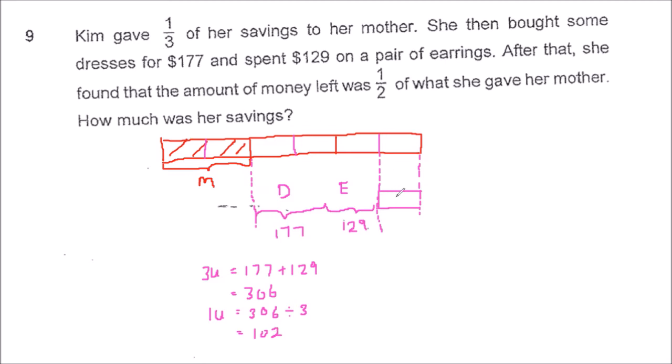But now this one unit is actually the smaller unit. So now they are all together 1, 2, 3, 4, 5, and 6 units. So we have to write down 6 units equals 6 times 102. That will give us $612. Okay, that will be her total saving.